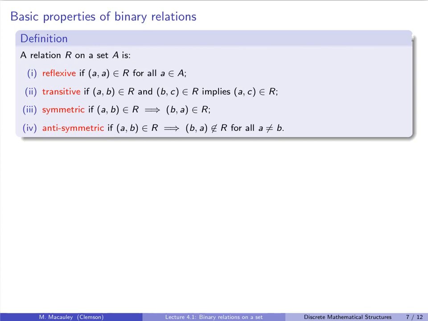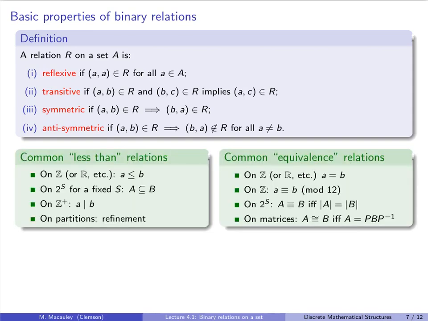An equivalent way to characterize this is that if A is related to B and B is related to A, then A has to be equal to B.